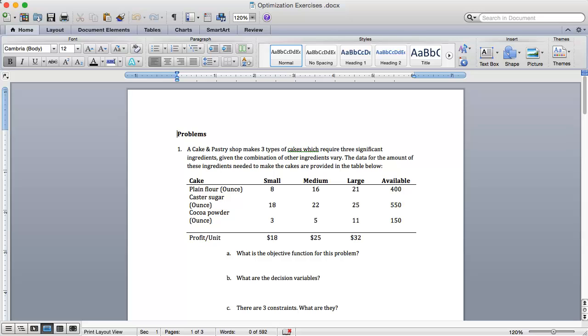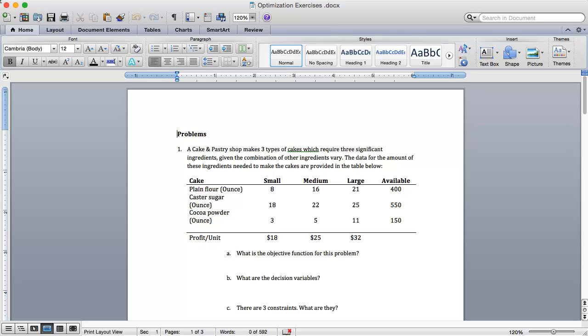Now we have some constraints. The ingredients for each type of cake and the amount of each ingredient is shown. But we have a limited amount of flour, sugar, and cocoa powder.